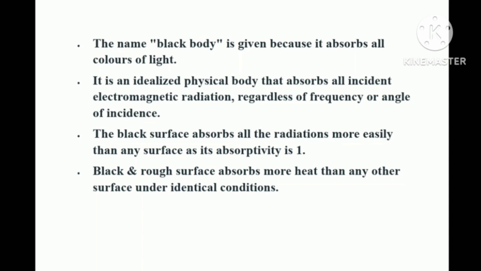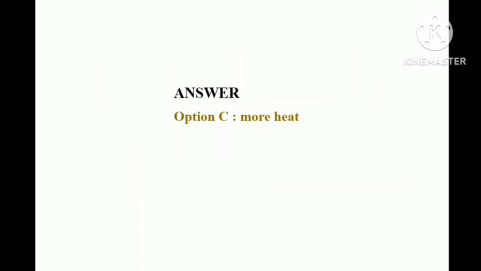The black surface absorbs all the radiations more easily than any surface as its absorptivity is 1. A black surface absorbs more heat than any other surface under identical conditions. Hence, the correct answer is option C, more heat.